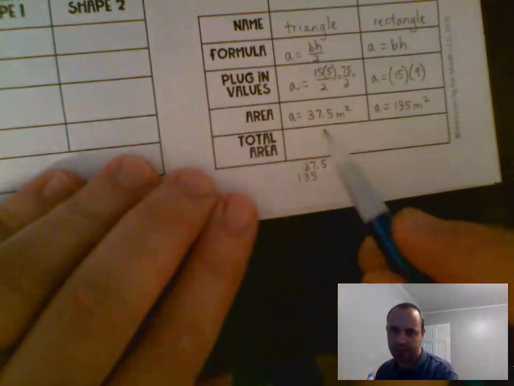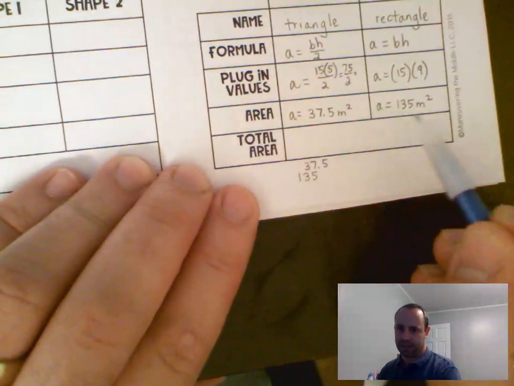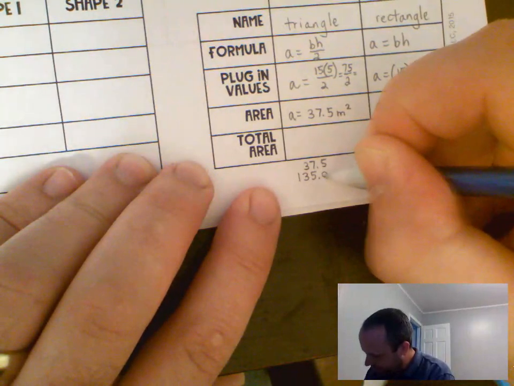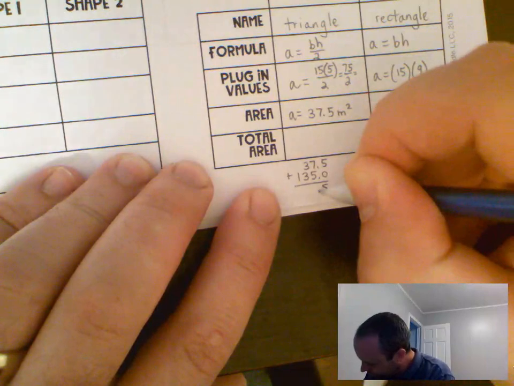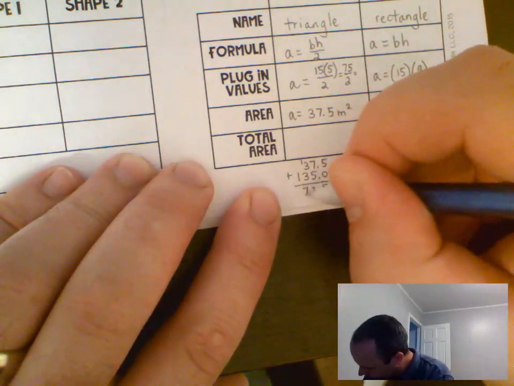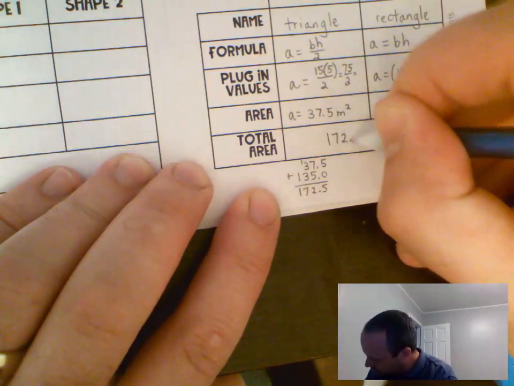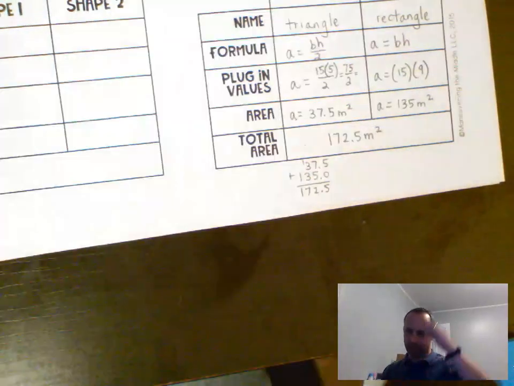So when you add up something that has 37.5 and then you add up something that's 135, remember the 135 means like 135.0. Okay? So when you add that up, it's going to be 172.5 meters squared. And that's your answer.